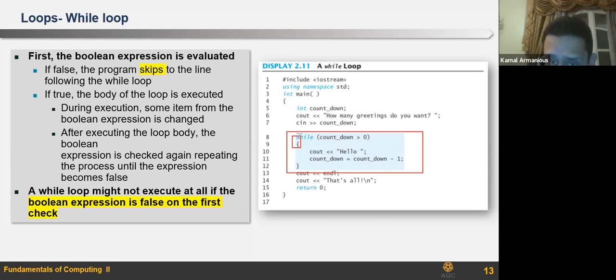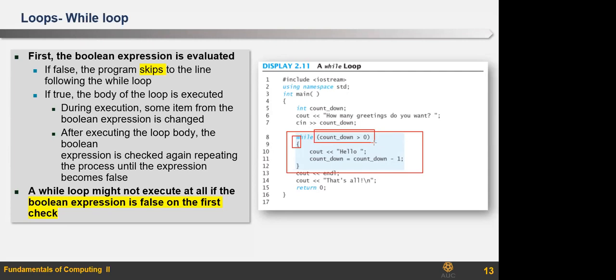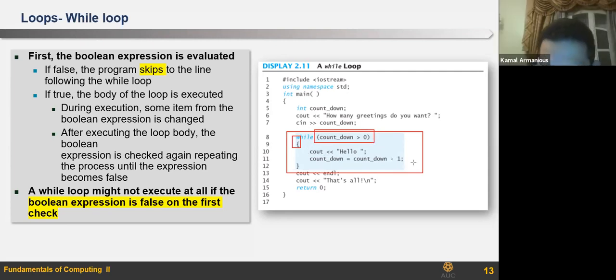So while this Boolean expression is true, طالما this Boolean expression is true, please execute this part. Hello, and countdown equal countdown - 1. What happens if I don't have this statement, countdown equal countdown - 1? What happens? Infinite loop.